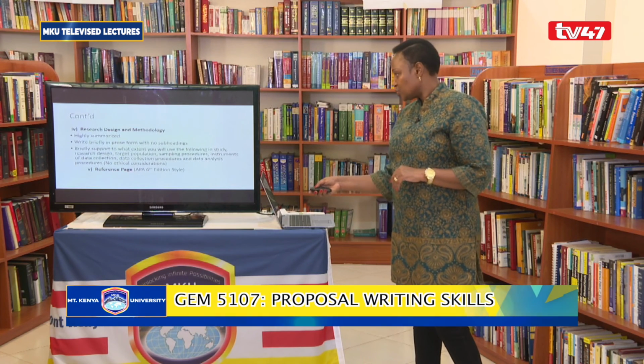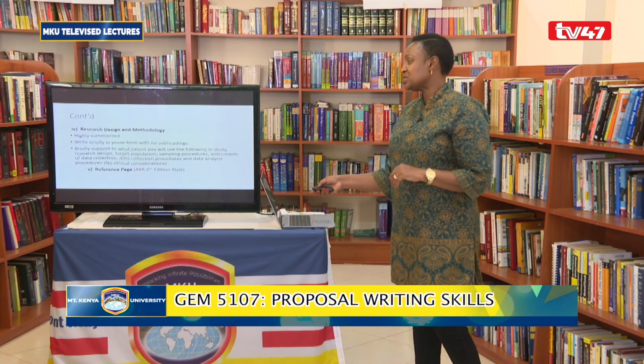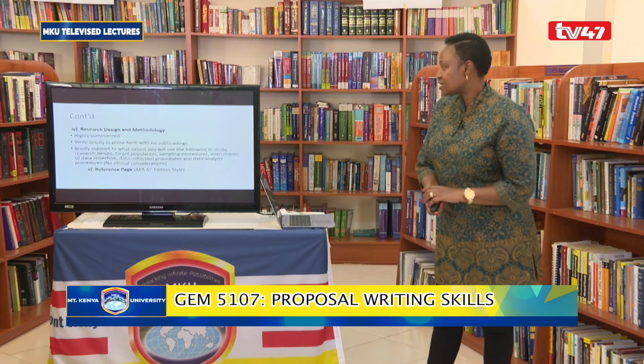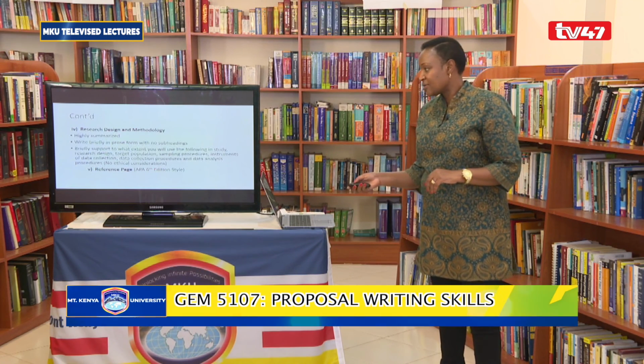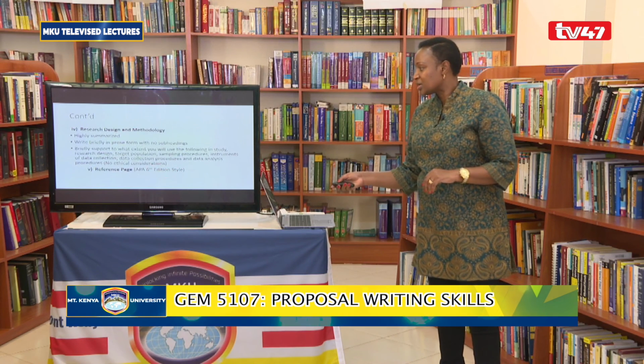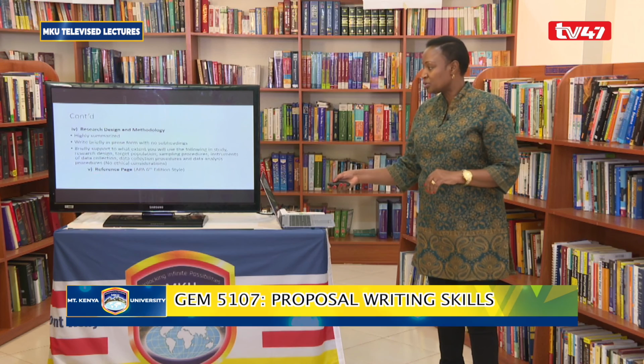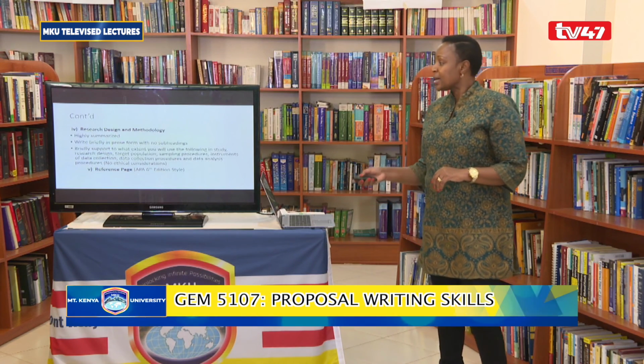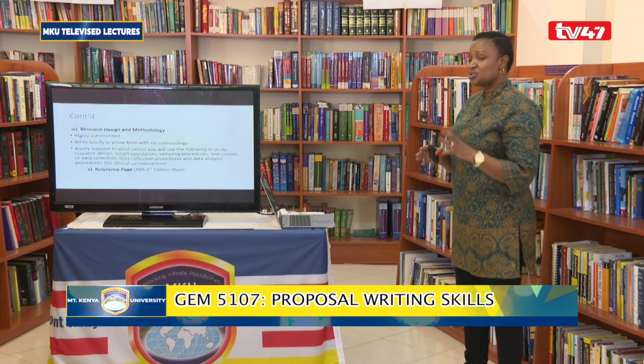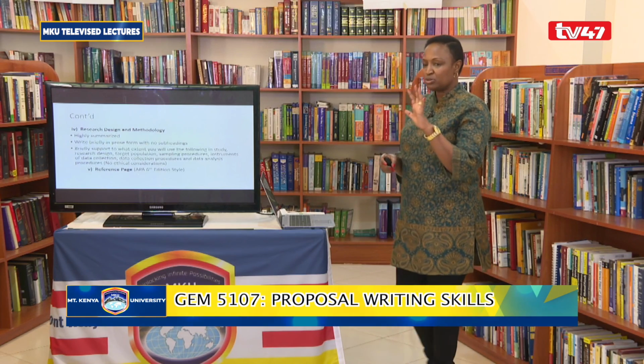And for the reference page, as we mentioned earlier, we use the APA 6th edition. And therefore, we need to know what edition is in use. We always use APA, the 6th edition, to make our references. And those are the sections of our concept paper.